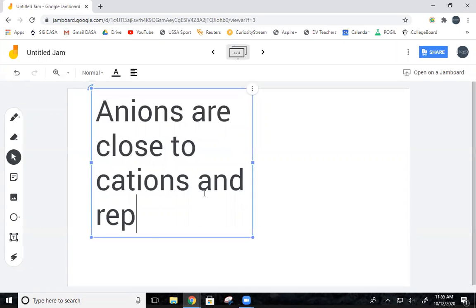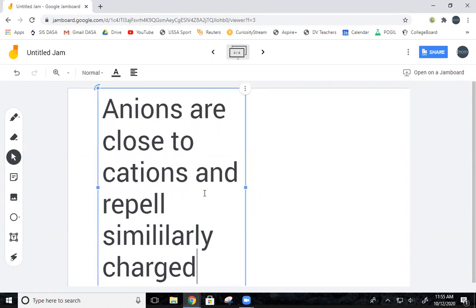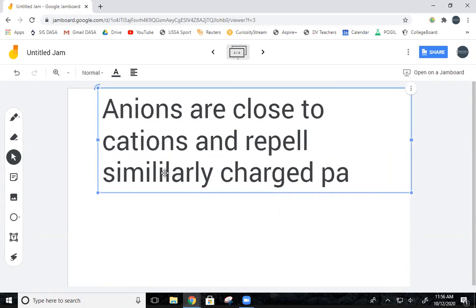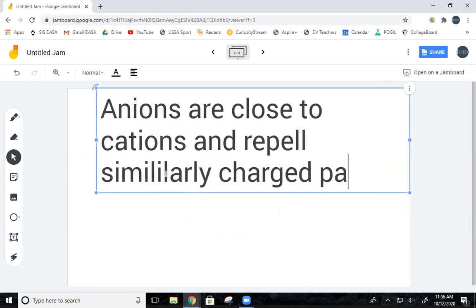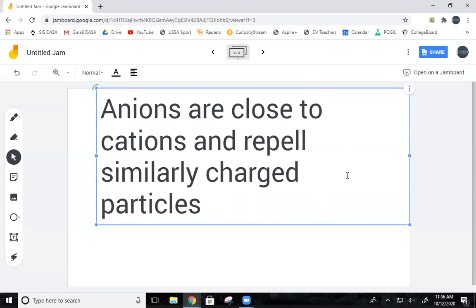And repel similarly charged particles. Really, that's it. You got the basic concept.